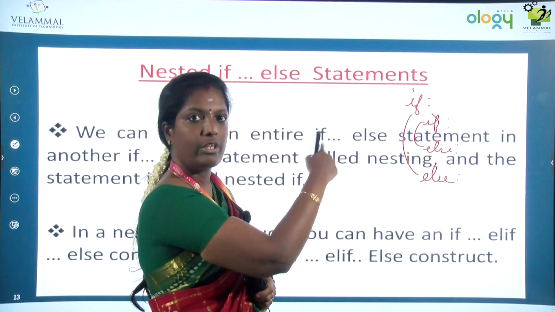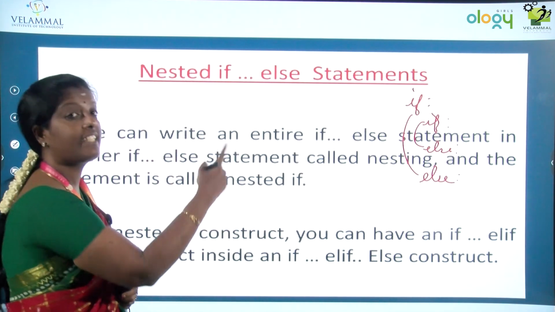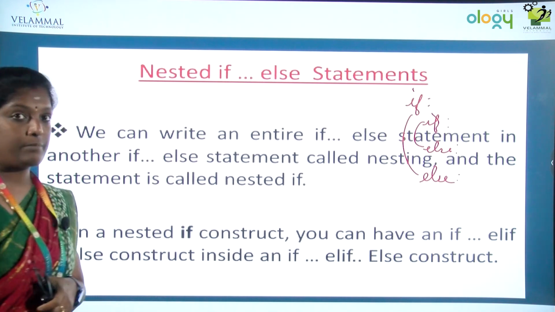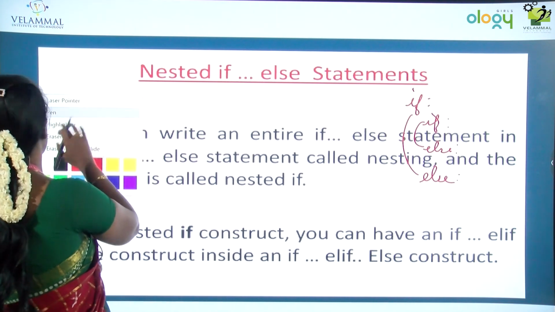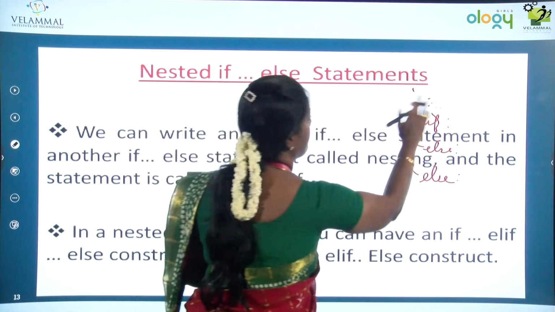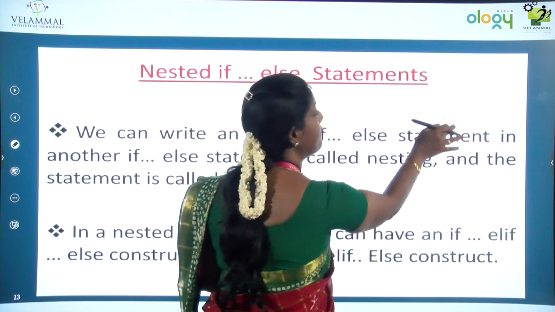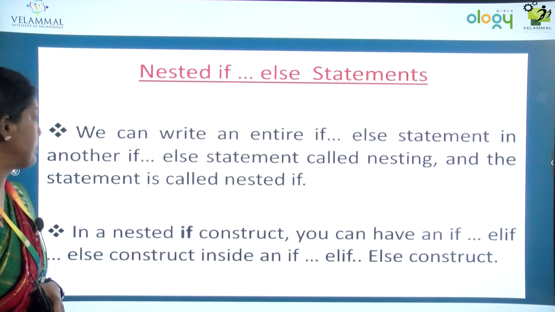So you can check the conditions in a nested format also. That is called the nested if structure. Right? Fine. Let me erase it so that it's clear for you. You can have multiple if statements and multiple else statements also. Right?